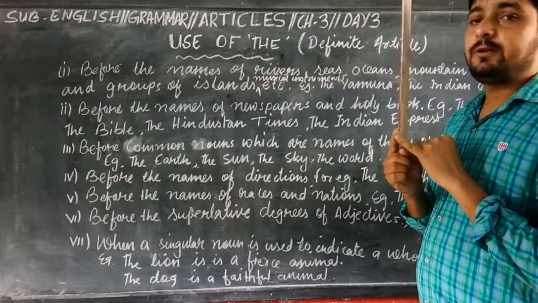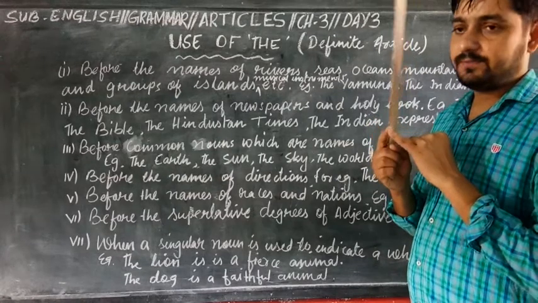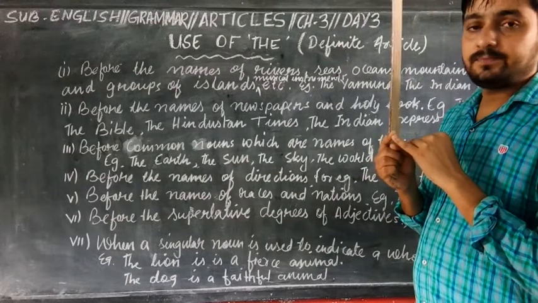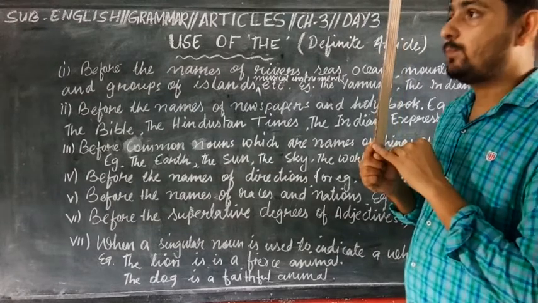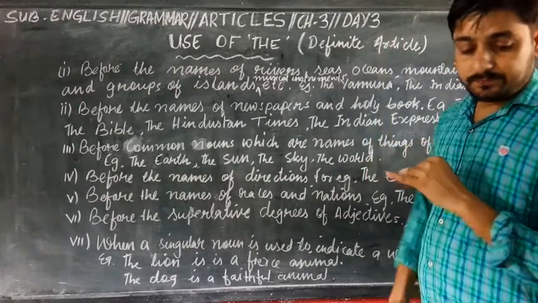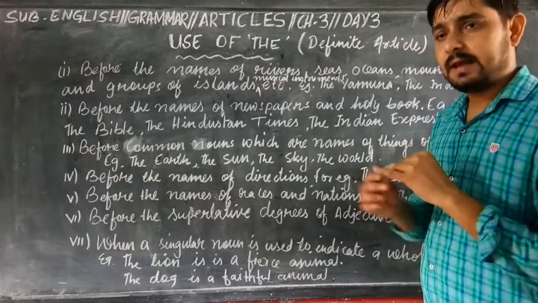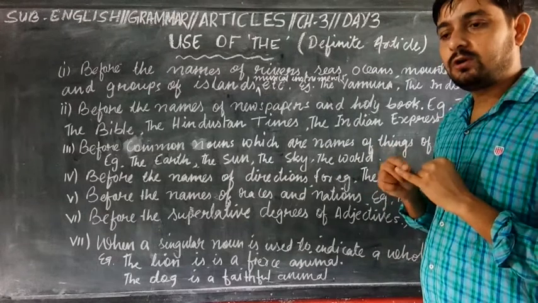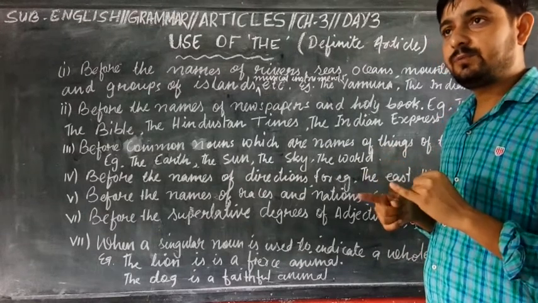And how will we make this comparative? Taller, we can make by adding er, and it becomes a comparative. Then superlative, tallest. Tall, taller, tallest.